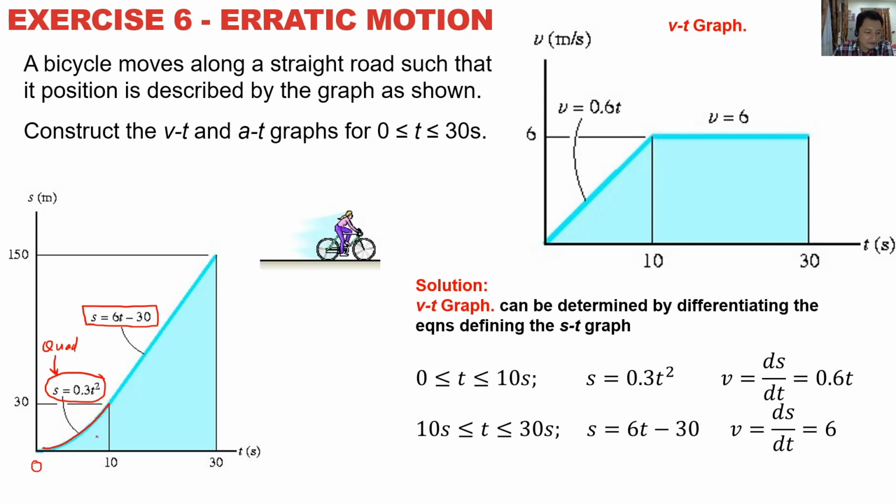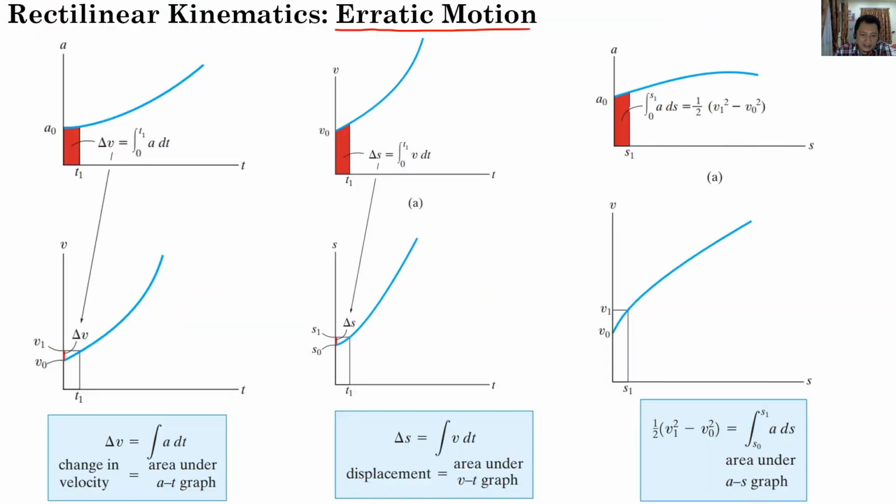So you have two types of motion. One part is quadratic, the other part is linear. So you are combining two equations into the motion. Previously we learned only one, right? Now we learn two. So this is what we call erratic motion.